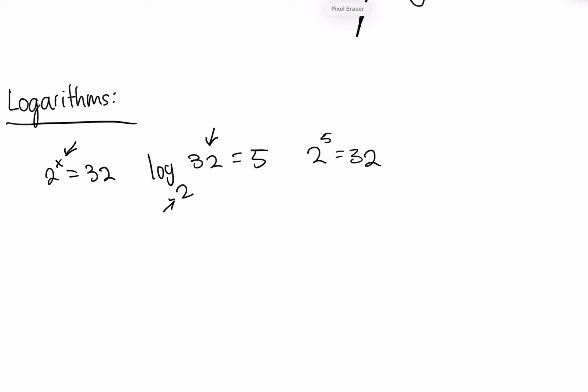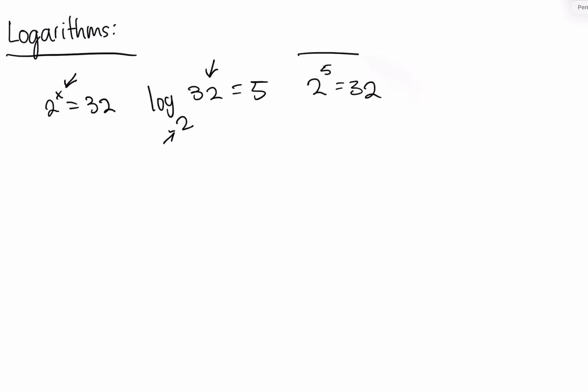Now, this is called exponential form, and this is called log form. To get from log to exponential form, you grab this base, and you bump it up into this 5.